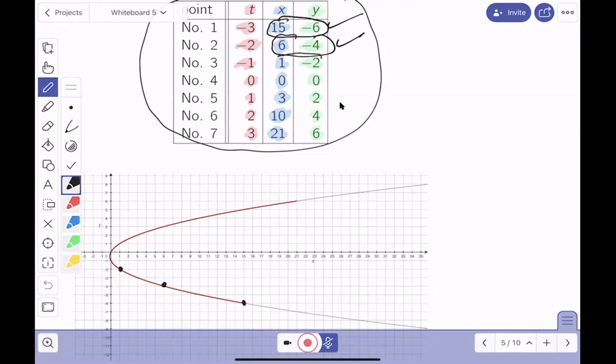I think you're getting the idea that points are being put down. 0, 0. 3, 2. 10, 4. 21, 6. Okay, I plotted all the points in order.